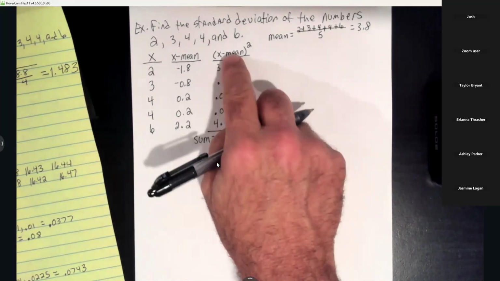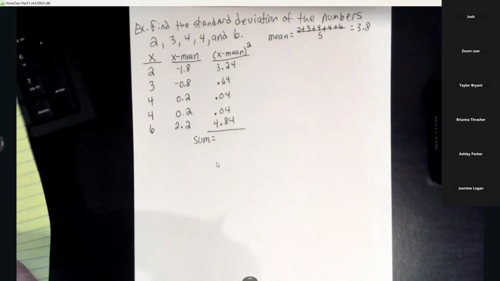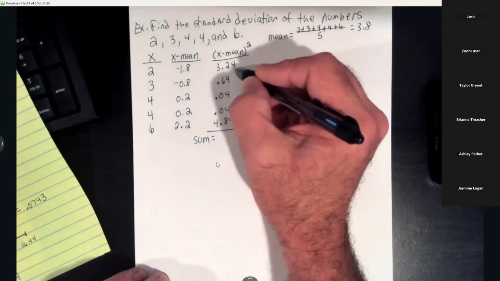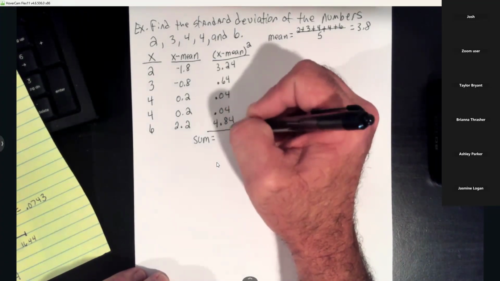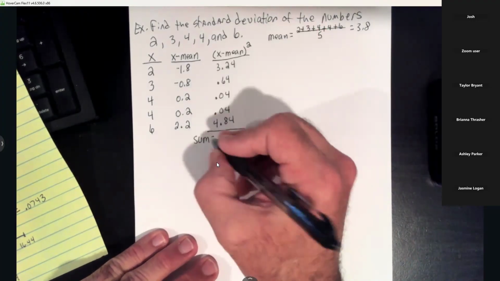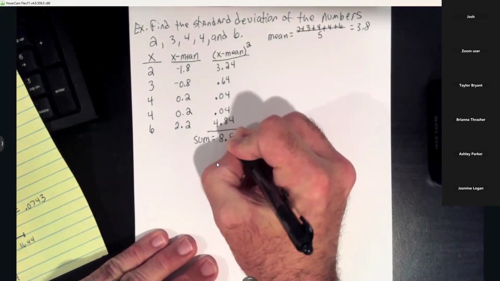That's going to give us the sum of all these squared deviations. So that finishes step 3. We found the deviations and squared them. Now we're going to add them together. And when I added all these together, that gave me 8.8.